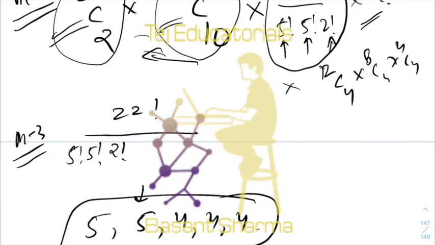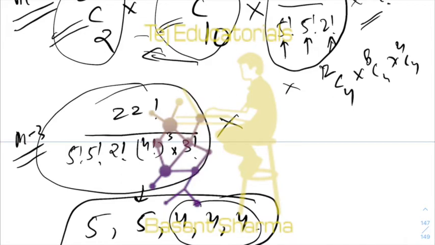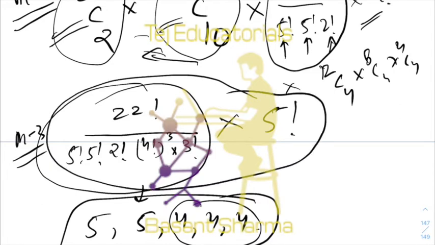Then 3 groups of size 4 each, 4 factorial cube, and there are 3 such groups, so 3 factorial. And then once you have formed these groups, you can distribute them among 5 students in 5 factorial ways. So this is another way of looking at this problem.